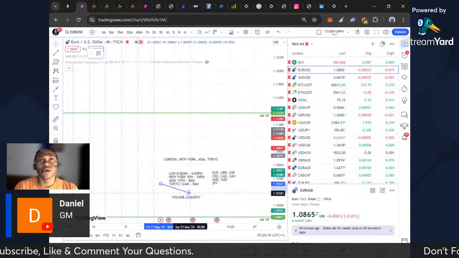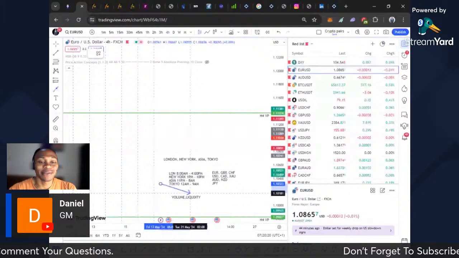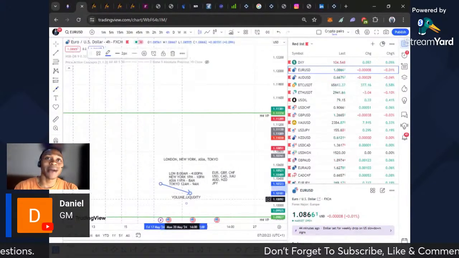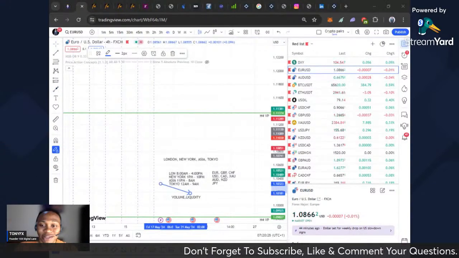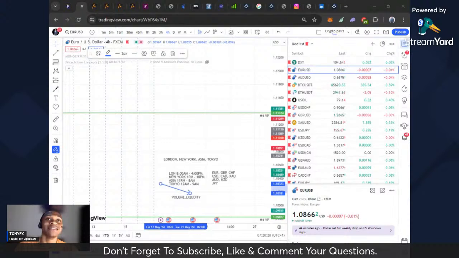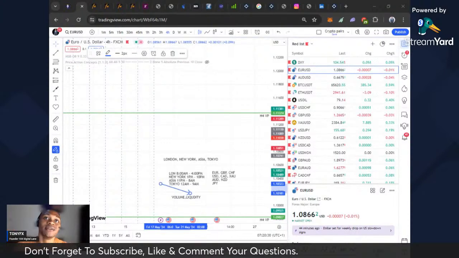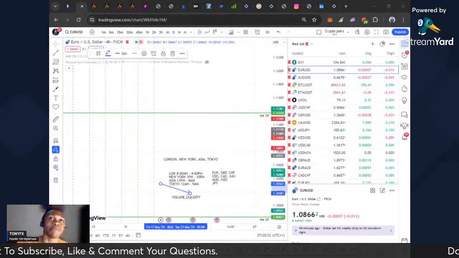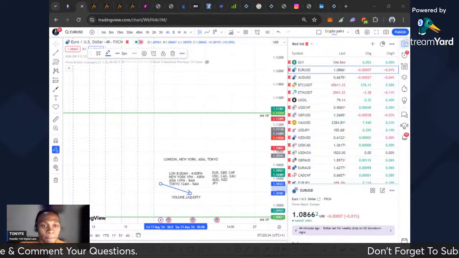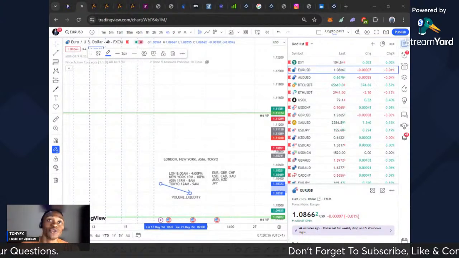Yes, it's liquidity that has to do with total market participants. And volume has to do with the amount of money these market participants are coming into the market with at a particular time.